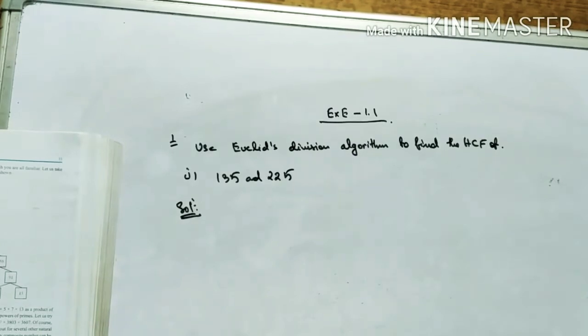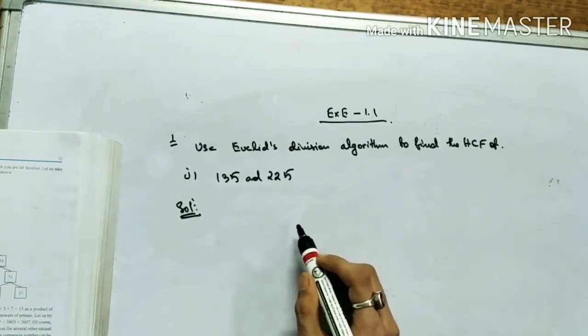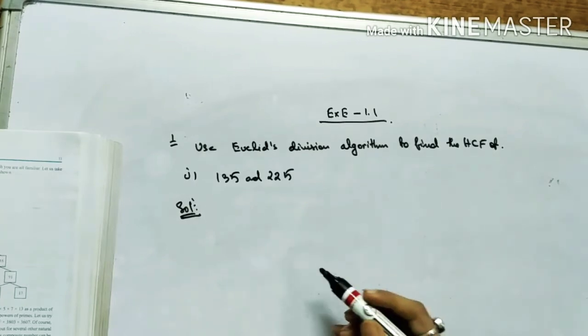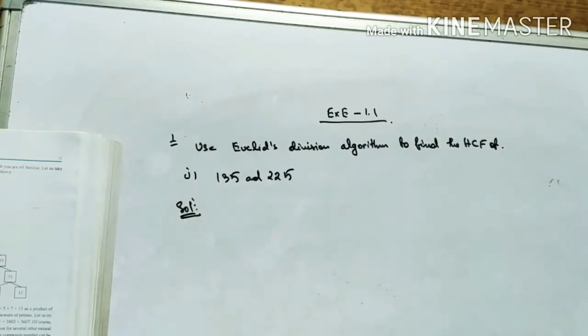So from each type I will do only one sum. Since it is a revision, therefore from each type I will do one sum.